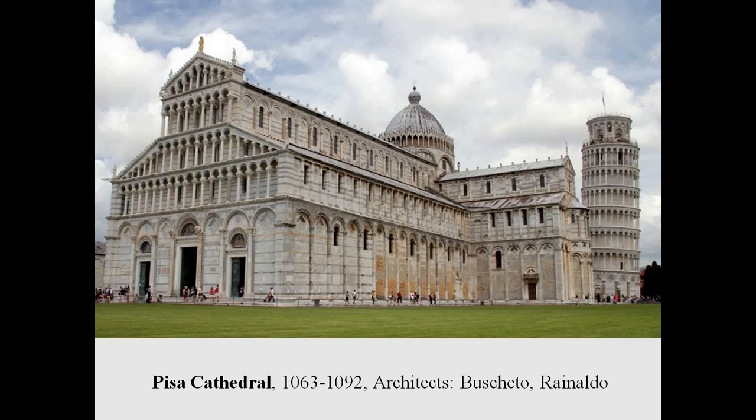So, Pisa Cathedral was erected from 1063 to 1092. There are 2 known names of architects. The main architect is considered to be Buscetto, and only in one source we also find the name of the master Rinaldo.